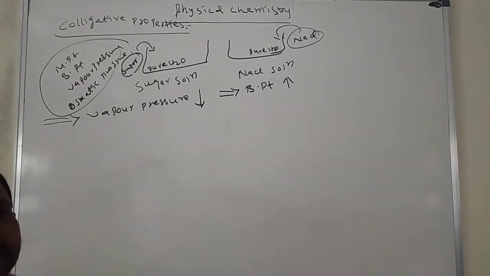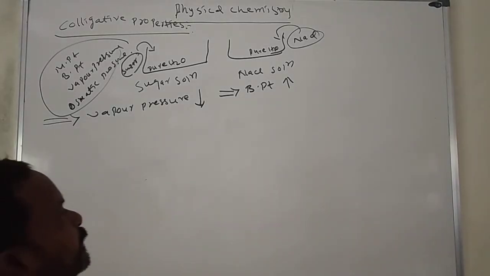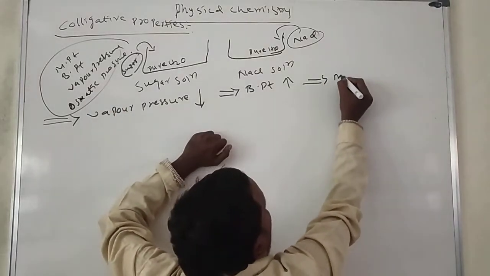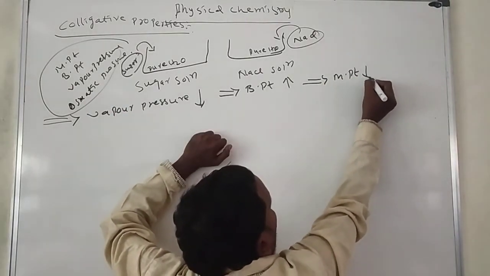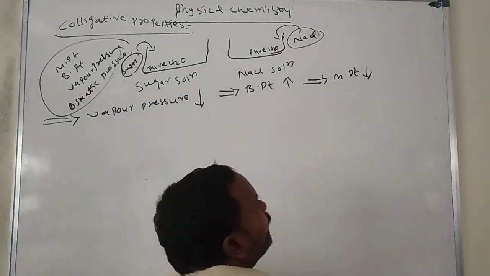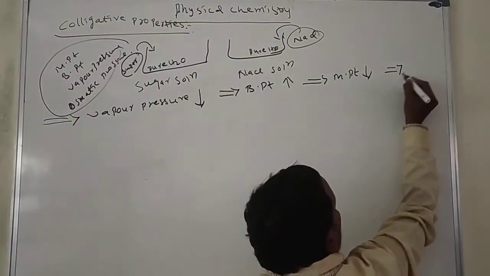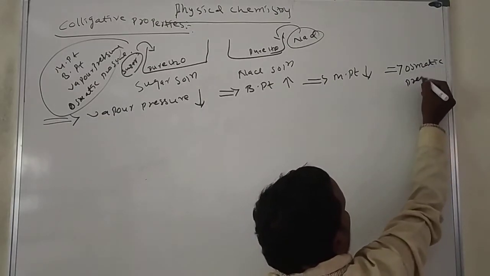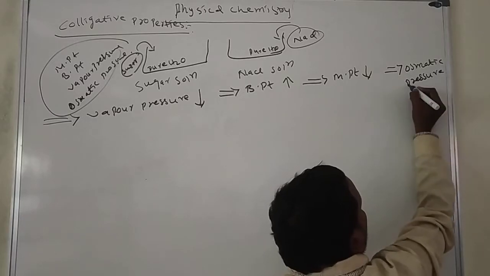If you add a small amount of sugar to pure water, the melting point of water decreases. And some osmotic pressure is generated by the addition of sugar.